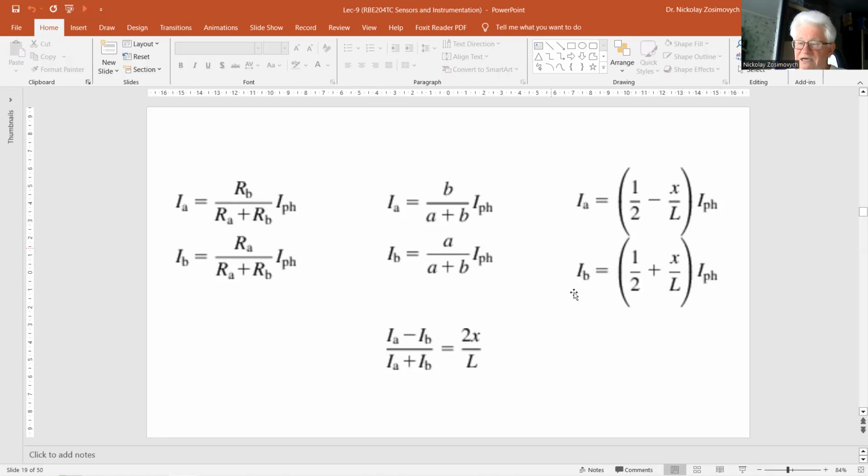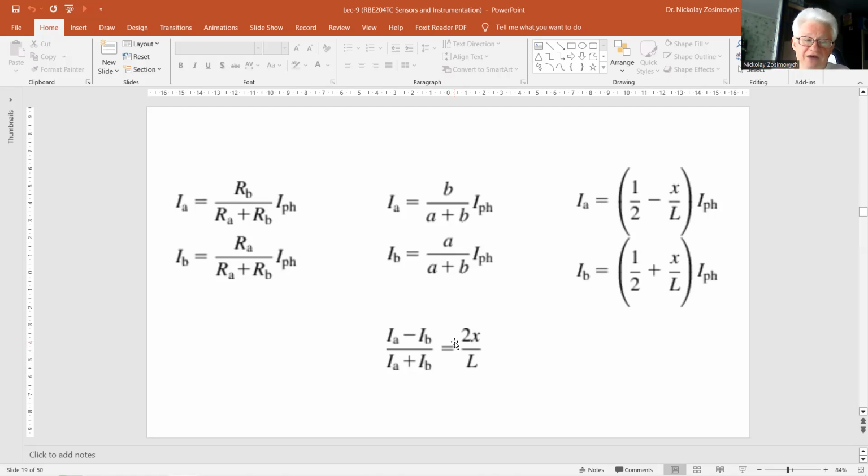So let's see here the third block. Apparently, the difference between the two output currents, I sub A minus I sub B, equals minus 2x I photon over L, and is linearly dependent on X and I photon.